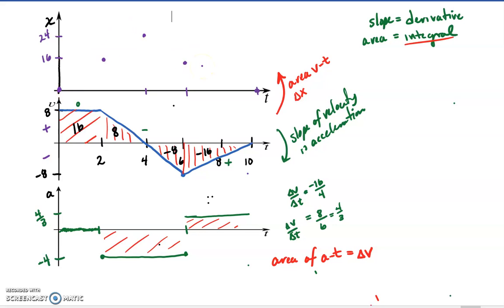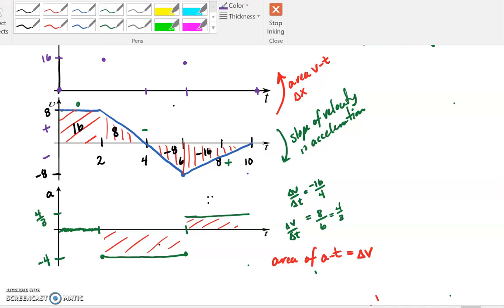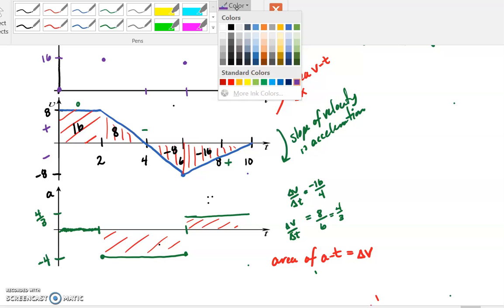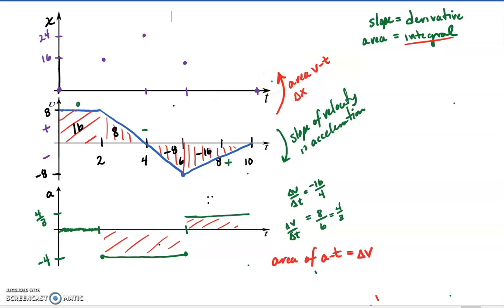Now the next and last step is to make sure that we have not just the dots, which are the positions, but also the correct shapes. So let's go through and do our shapes. Does the color talk to me today? We'll go light blue. Here we have a constant positive velocity, so we are going to have a constant positive slope.